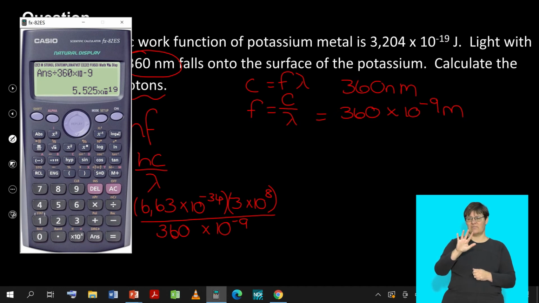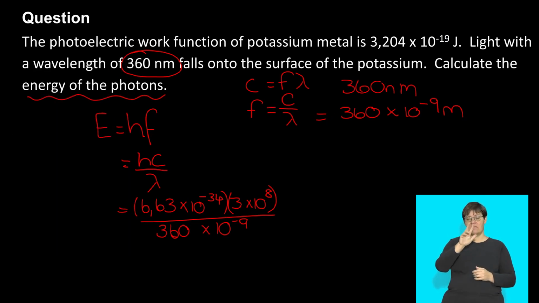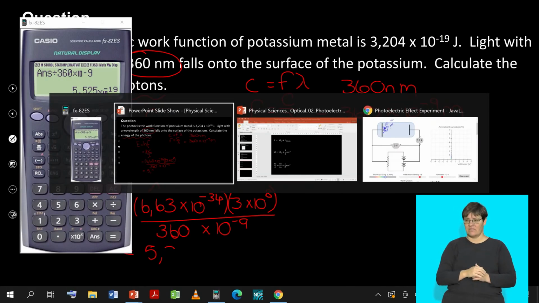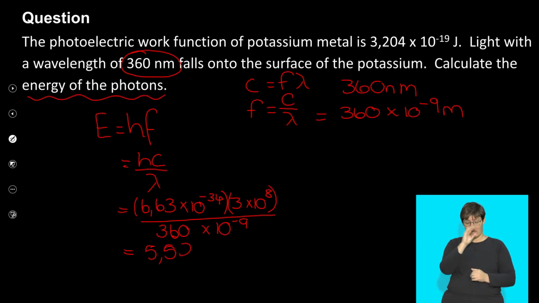Because they gave me the work function to 3 decimal places, I'm going to keep that as 3 decimal places, okay? Just to be consistent. So this is 5.25. Oh, no. 5.525. There we go. It's always important to read all the numbers.